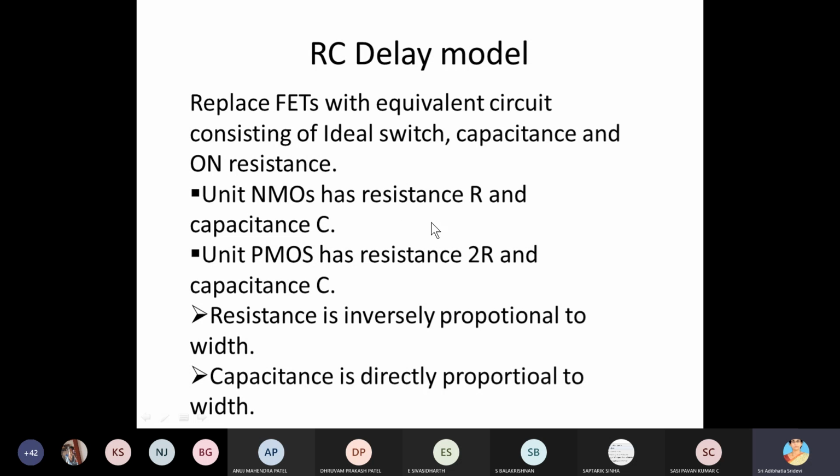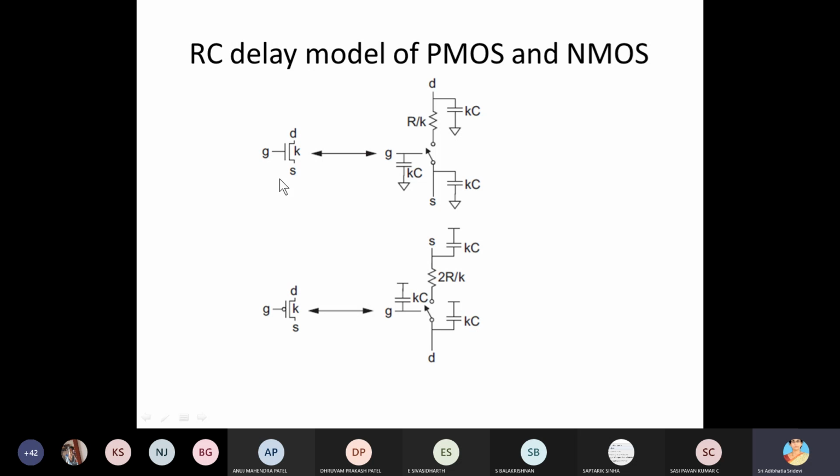NMOS has a resistance of R and capacitance C. PMOS will have a resistance of 2R and the same capacitance C. This happens because the ratio beta N by beta P is taken as 2. If it is 2.5 or 3, it is different. Presently we are taking it as 2, so PMOS has a resistance of 2R and NMOS has a resistance of R. These are the equivalent circuits of PMOS as well as NMOS.